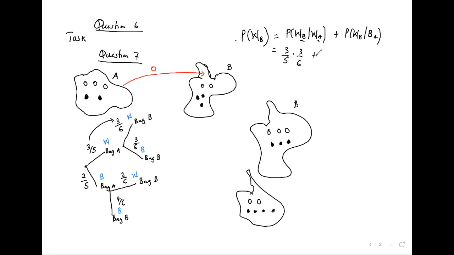Or pick white if you picked black, so 2/5 multiplied by 2/6. That's 9/30 plus 4/30, which is 13/30.